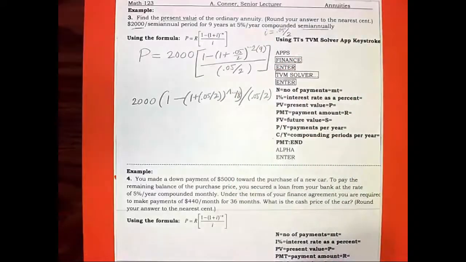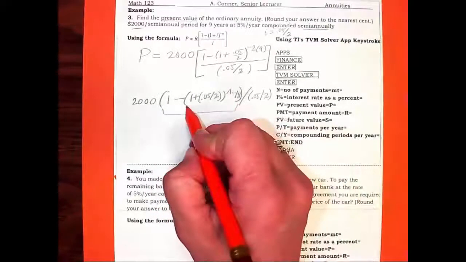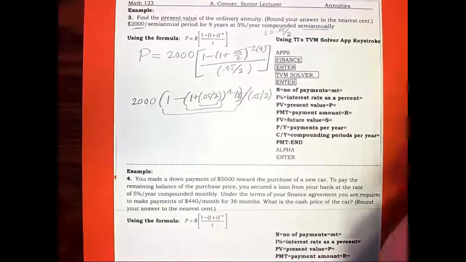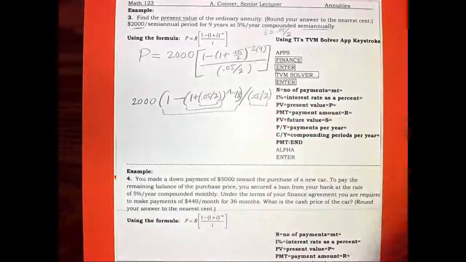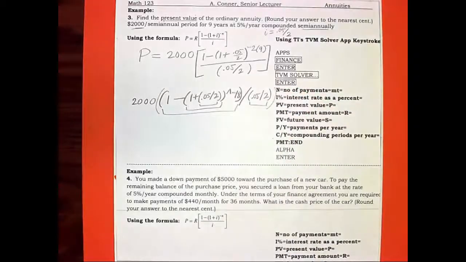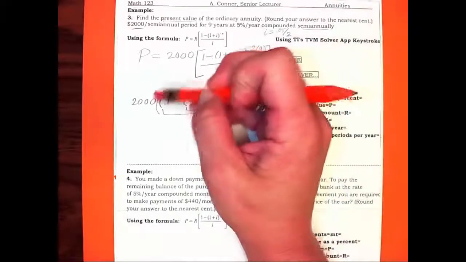So let's check it out. Make sure we got all our parentheses that we need. So here's the numerator. Here's what is raised to that power. This is for the fraction inside that, and this is for the denominator. And again, we could put that extra one here for 2,000 times everything, but I don't necessarily think that one is absolutely necessary.